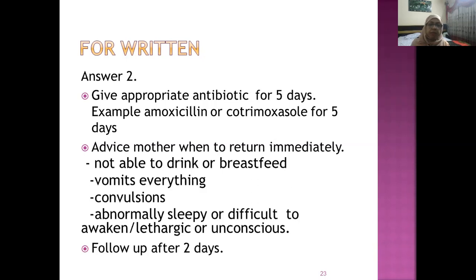When the baby will come, if there is any general danger sign, like not able to drink or breastfeed, vomits everything, convulsion, abnormally sleepy or difficult to awaken, lethargic or unconsciousness. And if there are any signs of severe pneumonia like stridor, calm child, severe chest indrawing. Otherwise, if everything is fine, the baby should come for follow-up after 2 days.